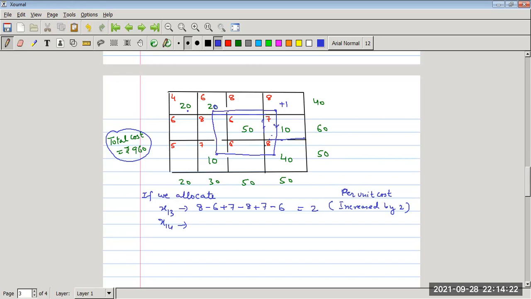So it forms a loop. Yes. Now we have to check if we add one item in this point, the cost is increased by 8. But at the same point here, it is decreased by 1. At the same point, it is increased by 1. At the same point, it is decreased by 1. Right?